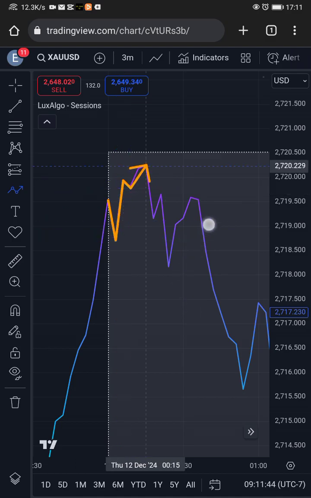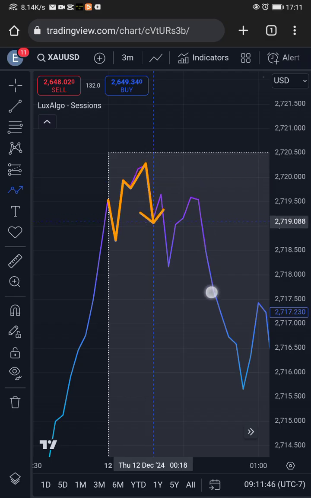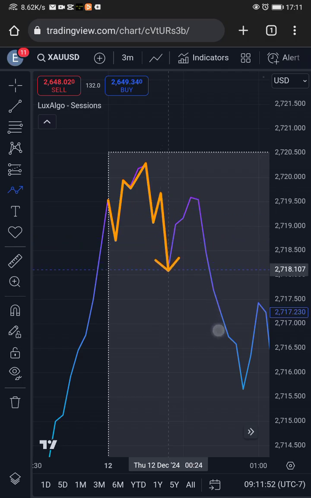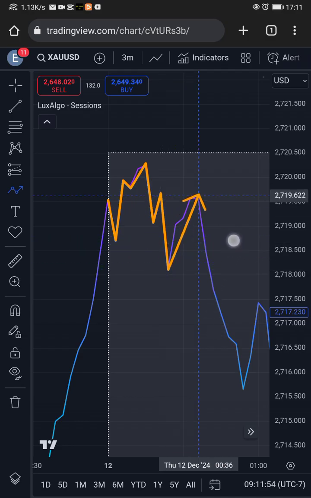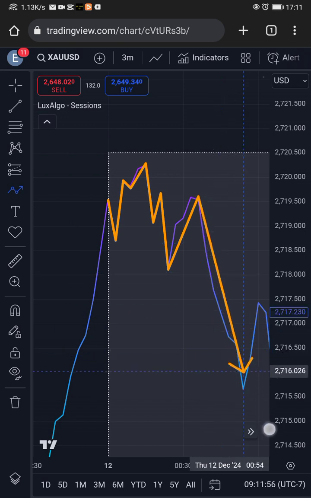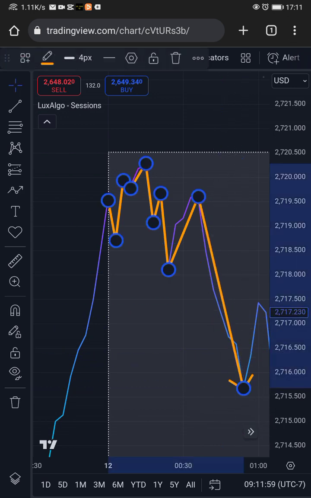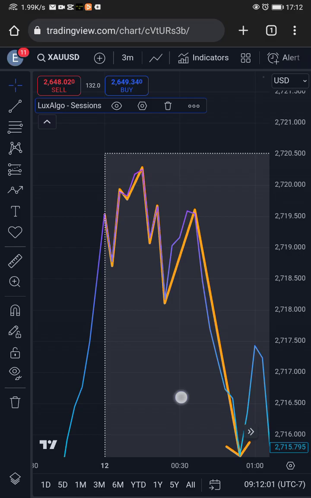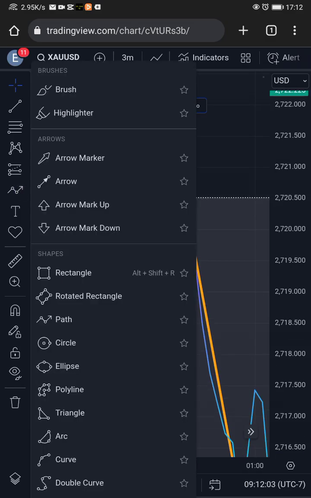It was bullish. Then we had a break in market structure. We have another break right there. We have another break right there. So we have two zones there. We have two zones right there to work on.